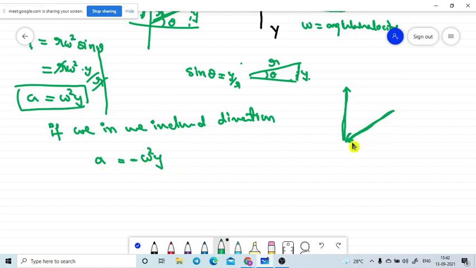This is the total acceleration direction, but we took only the y component of acceleration. This is the acceleration component along the y direction, minus omega square y. Please look at this: the direction of the acceleration is always opposite to the direction of the displacement of the particle. So the position of the particle along the y-axis is completing the condition of simple harmonic motion.